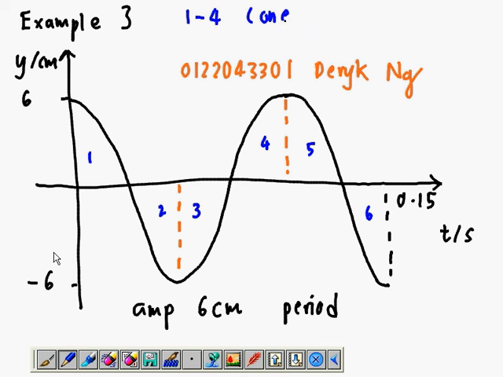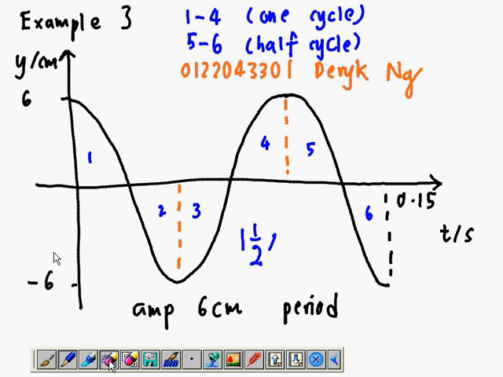One cycle for 1 to 4, and 5 and 6 represent half a cycle. So 1.5 cycles is a common-sense way of looking at things. 1.5 T, the period, equals 0.15, so you can calculate it, having the answer of 0.10 second.